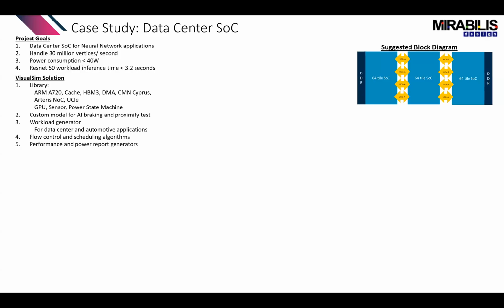One of the things that we at Mirabilis Design and VisualSim provide is a large library of processor models plus a large IP builder family as well. So if you don't have the processor model, it can be built in about 2 to 3 days. More on that later. Also, how do you create the workloads, both synthetic and leveraging existing workloads?